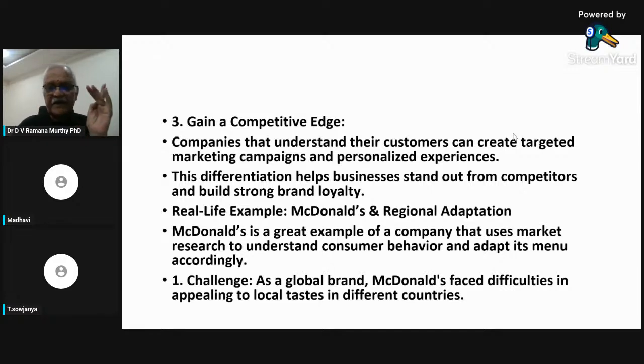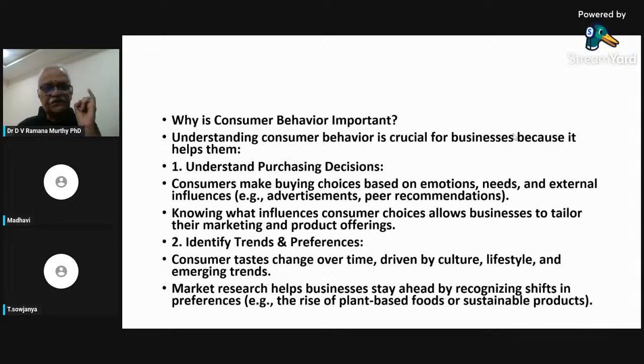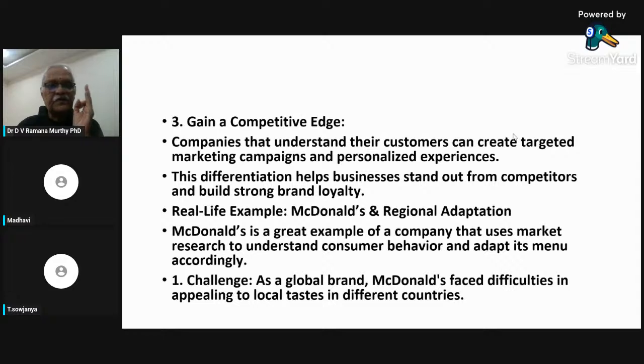Here is the case of McDonald's, and of course all the material will be supplied to you. You can have a clear look because I don't want to repeat again, to save time. Number two, identify trends and preferences, how the consumers are moving. And to gain competitive edge, because what the competitors are doing and what we are supposed to do are very important.